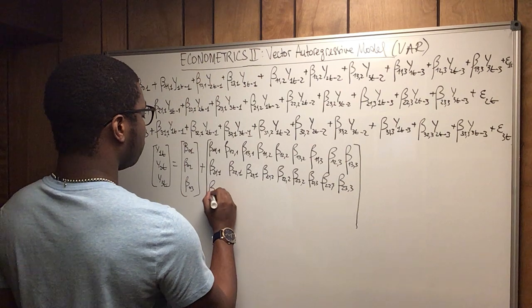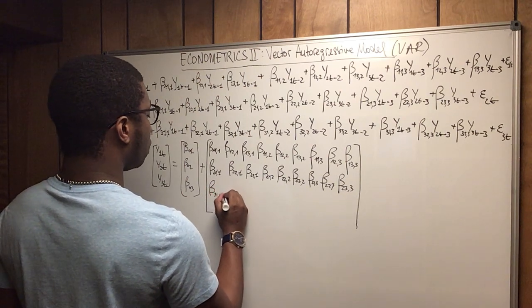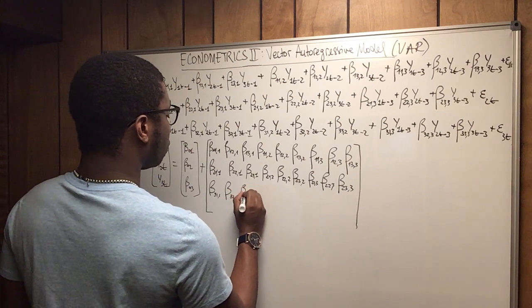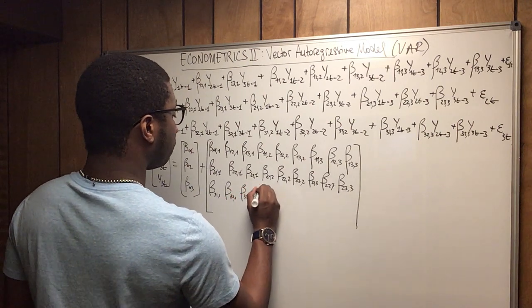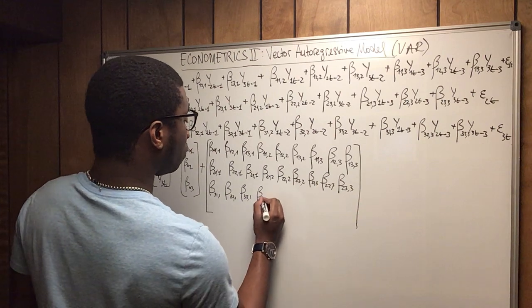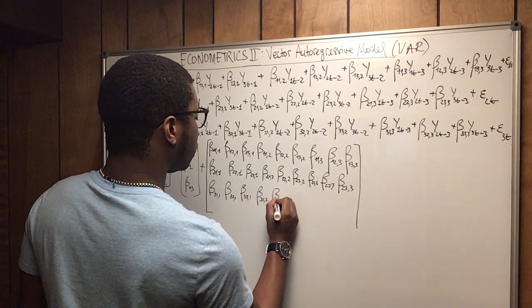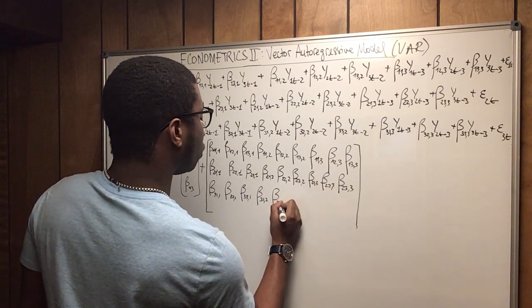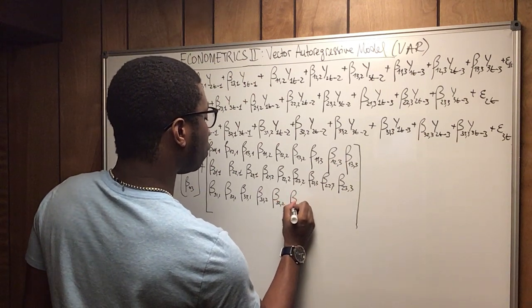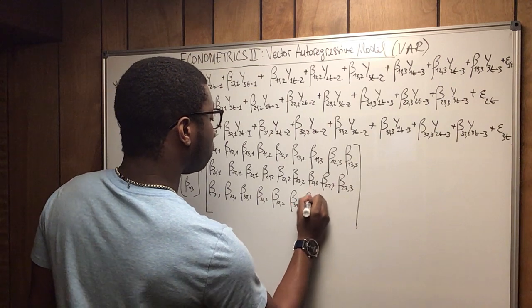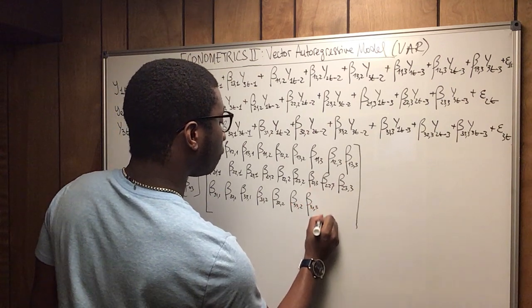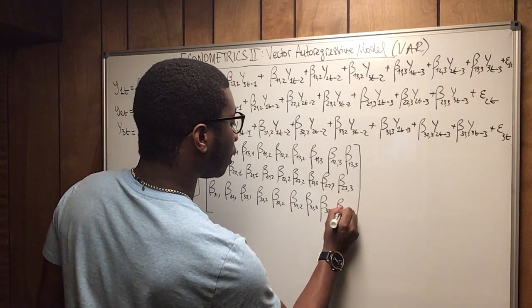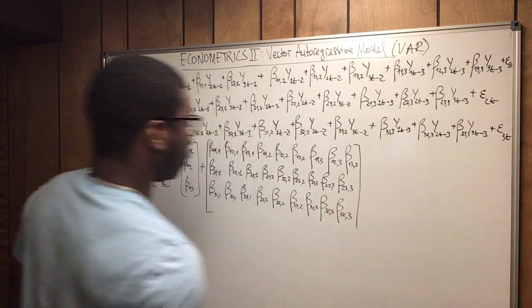Then we have here beta 31,1, beta 32,1, beta 33,1, beta 31,2, beta 32,2, beta 33,2, beta 31,3, beta 32,3, and beta 33,3.